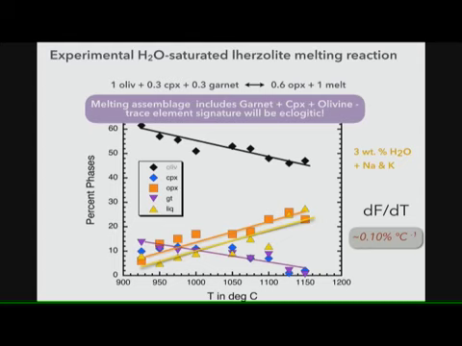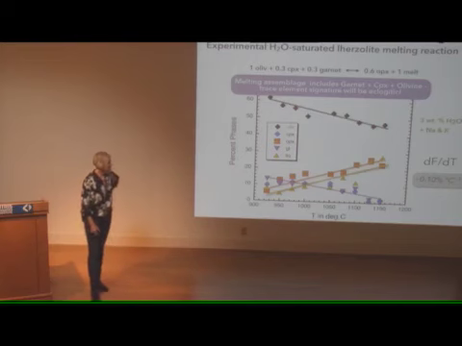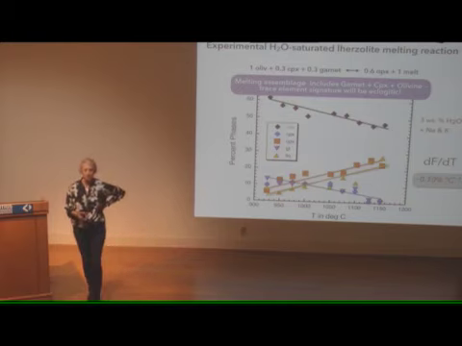Christy, on this slide, the previous one on the right, it says water, sodium, and potassium. Can you explain what that means and why it matters? Right. So here what we've done is we have our bulk mantle peridotite composition. In this case, we're using the Hart and Zindler 1986 mantle composition, which is a relatively undepleted mantle. And we're adding 3% bulk water to it. So we're adding some water, but not so much water.